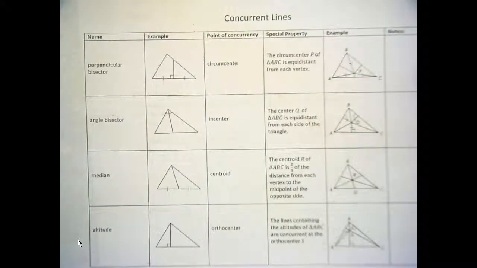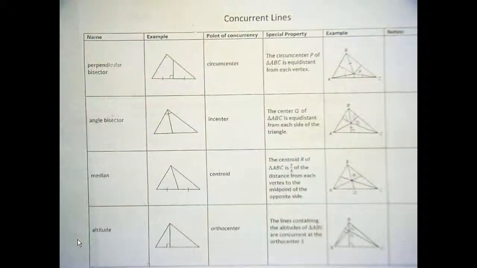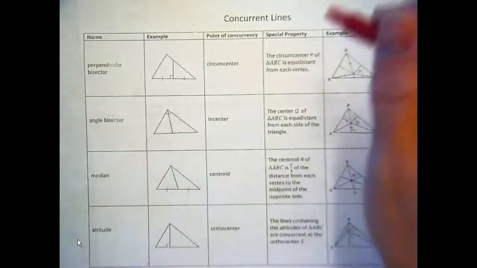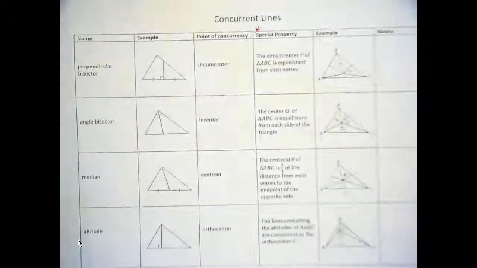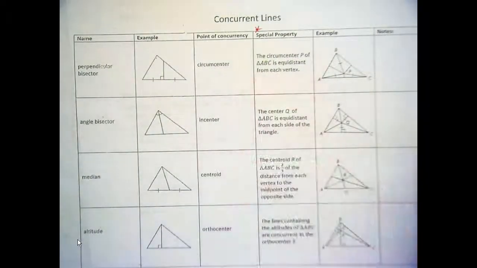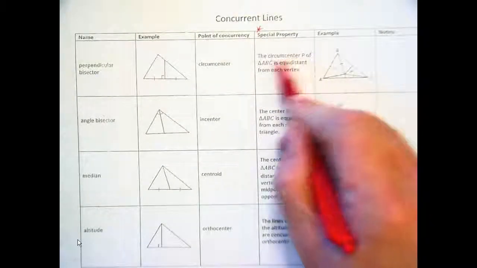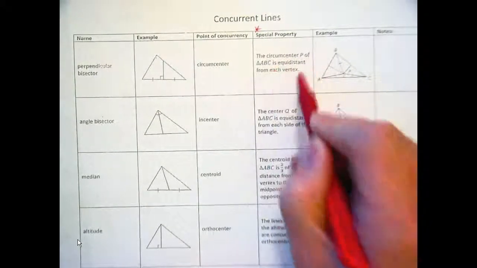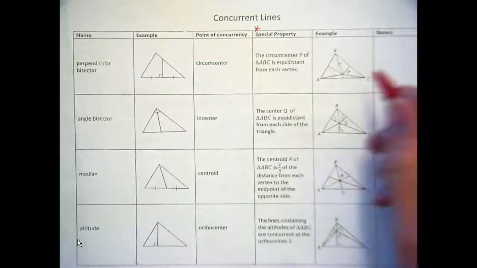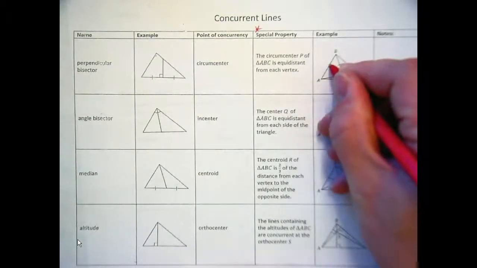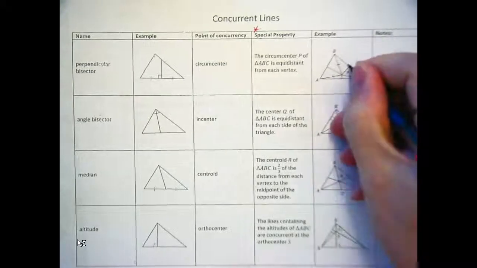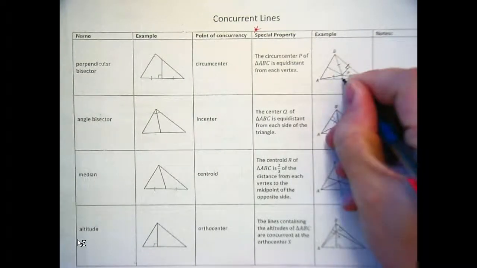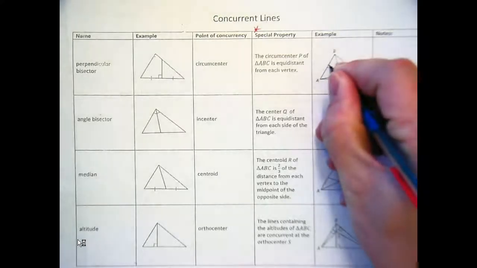You can add whatever notes you want to the end here, but the thing that we've added to this is the special properties. So note that a perpendicular bisector, which we call the circumcenter here, is equidistant from each vertex. So looking at this picture here, I've got this perpendicular bisector, and this perpendicular bisector.